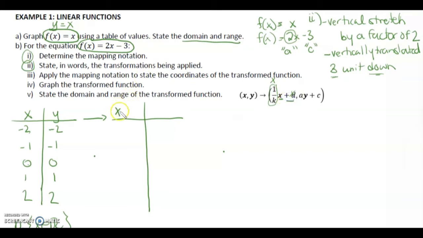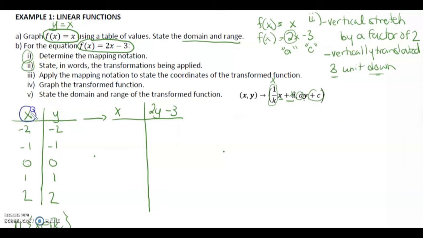Nope. So the x is just going to remain as x. Now for the y value, do we have an a value? Yep, it's 2. So we're going to write 2y. And then we have a c value, it's -3. So 2y minus 3.